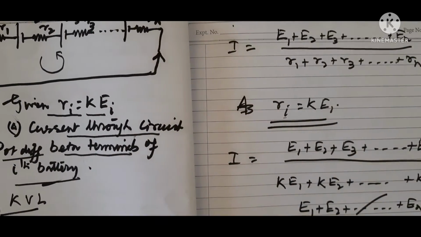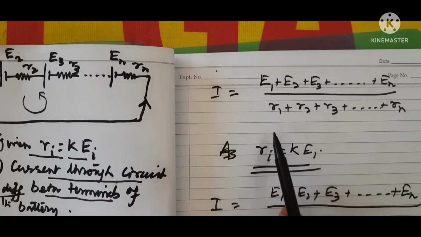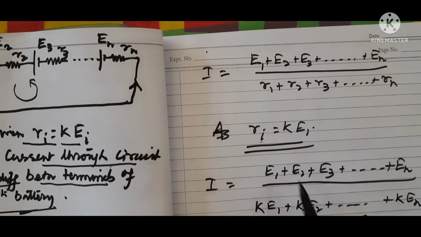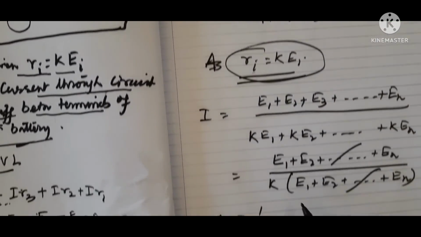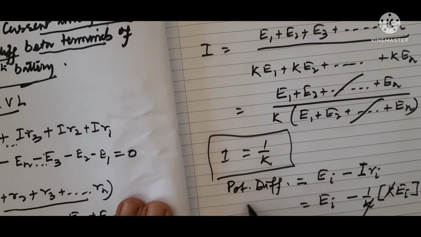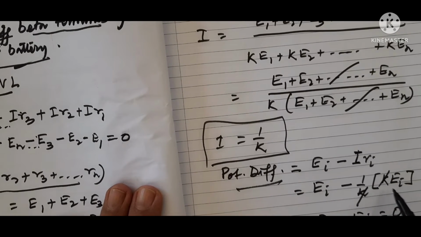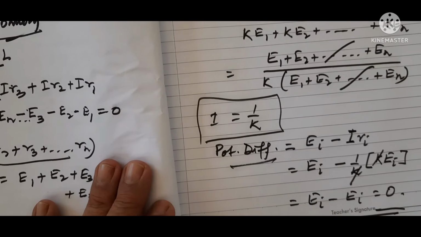Ri is equal to K EI, I is equal to this much, and in place of R1 I am writing K E1, in place of R2 K E2, because this particular part is already given, so ultimately it is going to cancel, and we got I as 1 by K. The potential difference is equal to EI minus I Ri, I is 1 by K, Ri is equal to K EI, K cancels, so ultimately the potential difference between the terminals of this battery is 0.